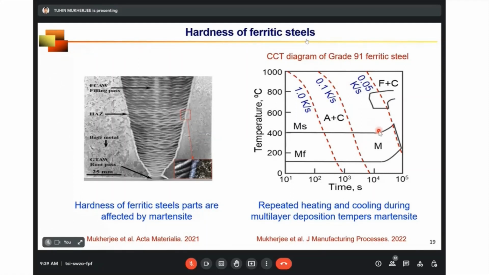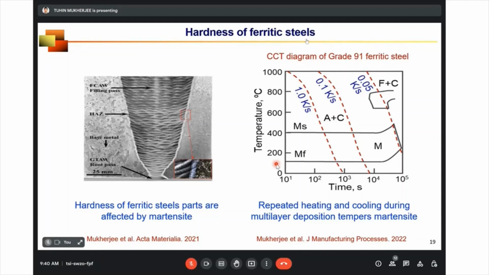You can see that martensite forms at a very low cooling rate of 0.05 Kelvin per second, which is significantly low compared to the typical cooling rates that we see in additive manufacturing, which is like 10 to the power 4, 10 to the power 5 Kelvin per second during solidification. And the martensite start temperature is also quite high compared to room temperature for this particular alloy. So when the part cools down to room temperature, it will form martensite.